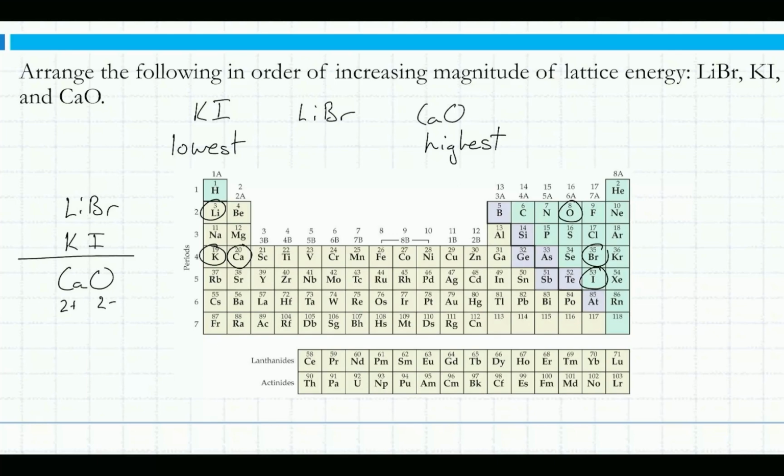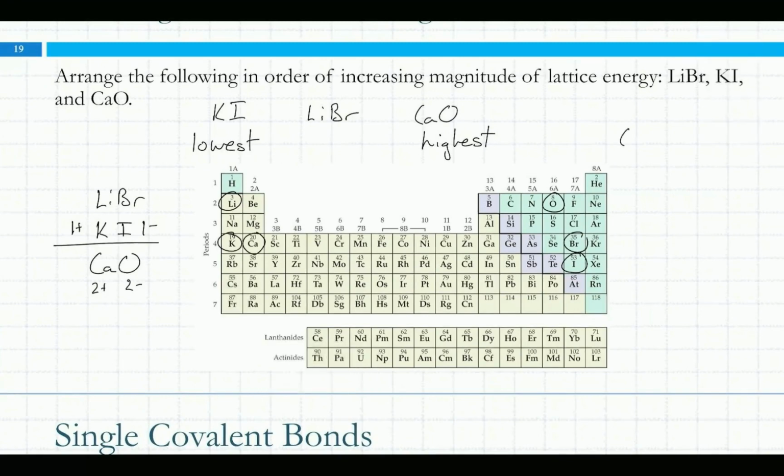Charge is going to make a bigger difference than size: 2 plus and 2 minus versus a 1 plus and 1 minus. You can only compare size, I guess that's a good way to put it. If they have the same charges, then you can differentiate them with size. Sort by charge first.